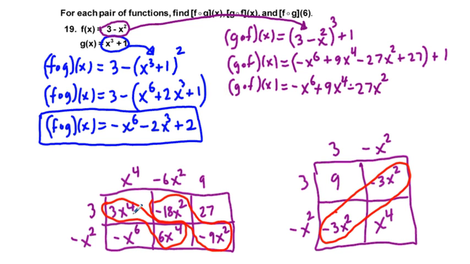Okay, yeah, 3x to the fourth, and that's 4. Keeping the sign straight, so that's a big deal here, guys. Okay, minus 27x squared. We have plus 27 plus 1 is going to be plus 28. So that should work out.